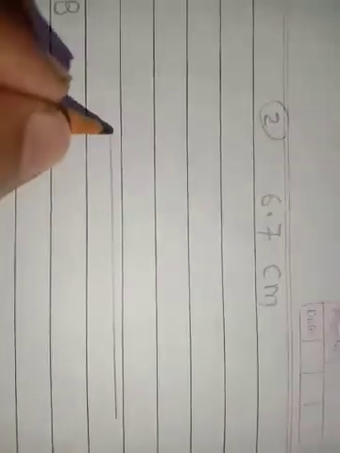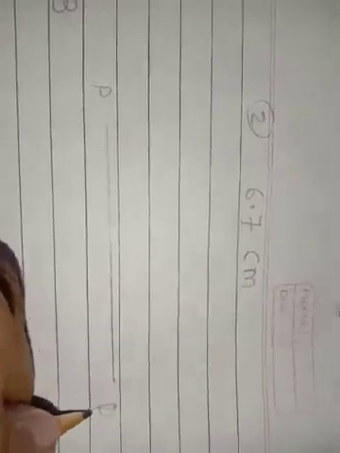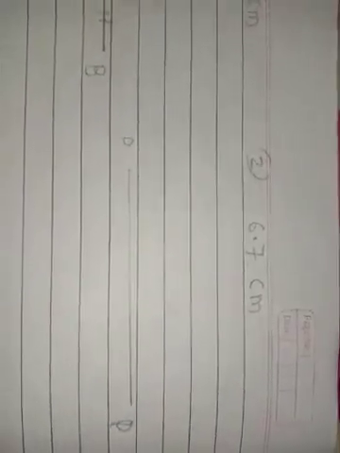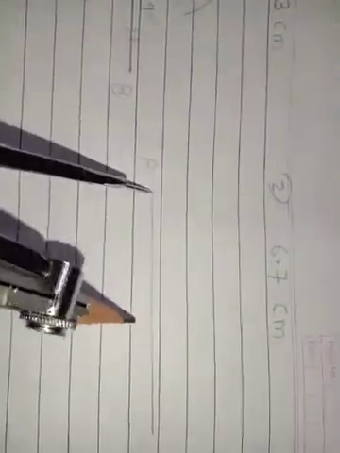Okay, look at the next example, 6.7 cm. I have already drawn a length. Give it the names P and Q. Using a compass, we will draw a perpendicular bisector.